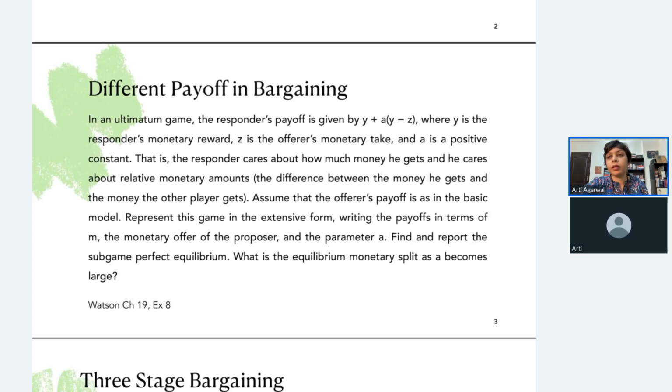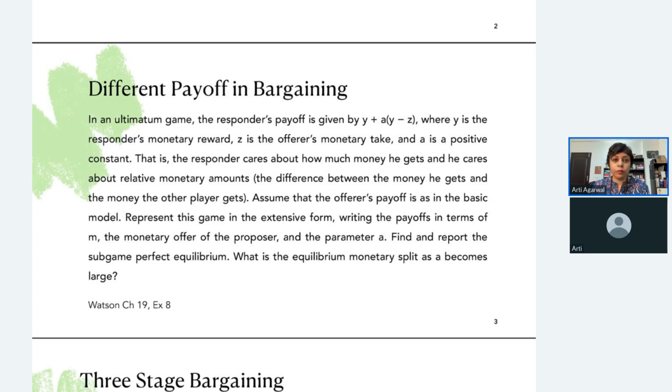It is kind of similar to what we discussed last time. It's not too complicated, but there are two topics to be covered today. One is bargaining, the other is perfect Bayesian equilibrium. So I'll take two questions on bargaining today, and the third question will be on perfect Bayesian equilibrium.